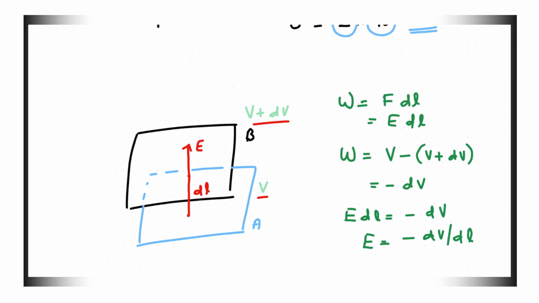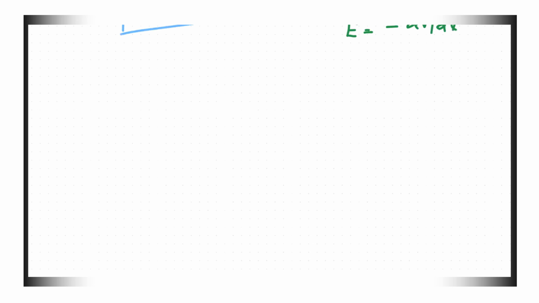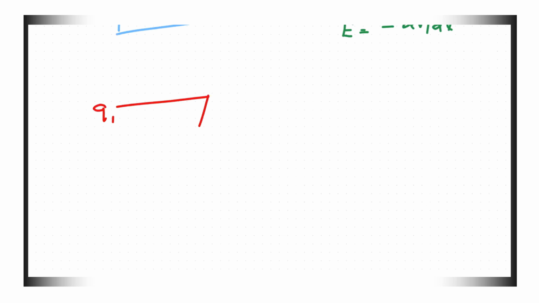The next concept is, like electric field, if we are having multiple charges Q1, Q2, and Q3, then the total potential at any point P is given by the sum of the individual potentials. That is called the superposition principle. So what is the total potential at P?